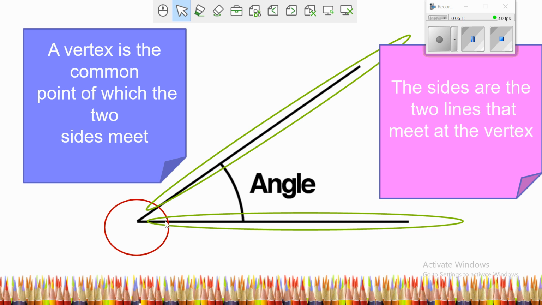A common point between two sides, a common point where two sides meet. What is the meaning of sides? The sides are two lines that meet at the vertex.